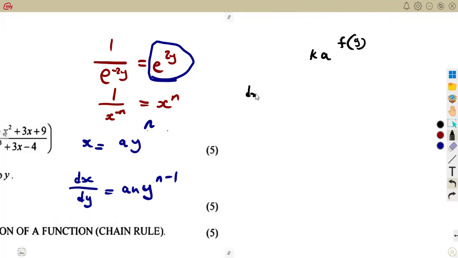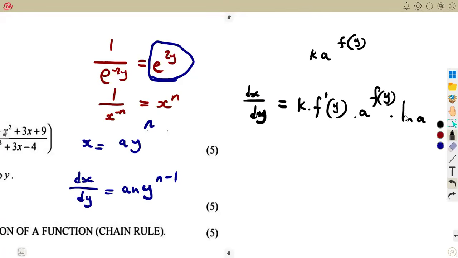So the derivative of x with respect to y is going to be k times the first derivative of that y-expression times a to the exponent of f of y, times the ln of a. That is the derivative of this nature. But guys, knowing you are dealing with e, you just drop the coefficient of y as the exponent. So it will be 2e to the exponent of 2y. You're done if you know this. But if you want this formula or this format, then it's fine.